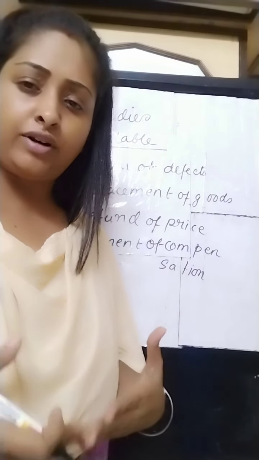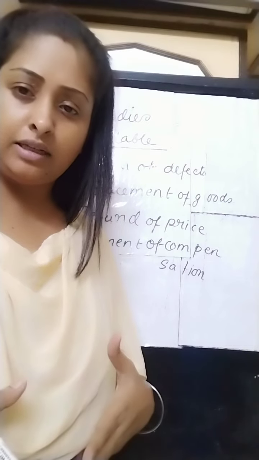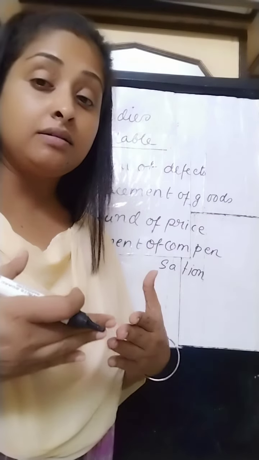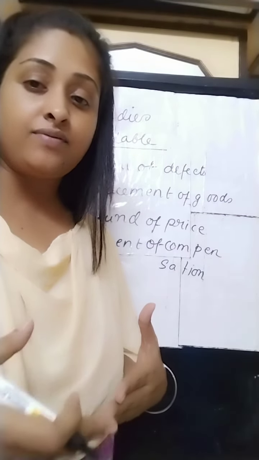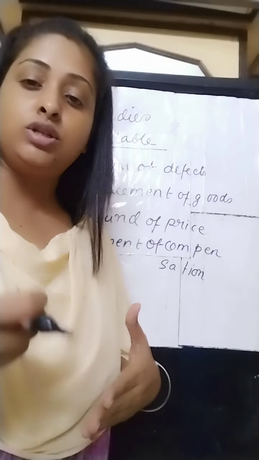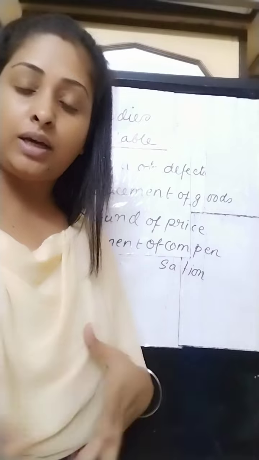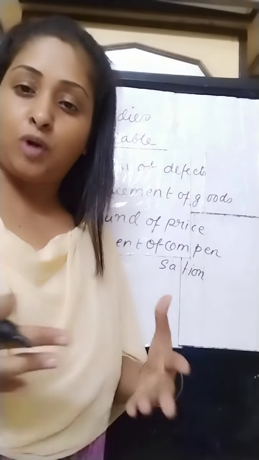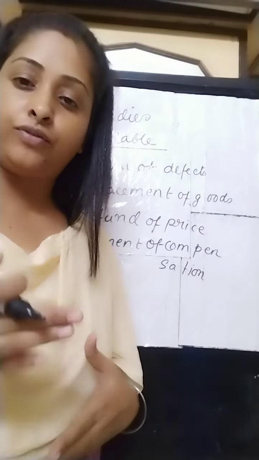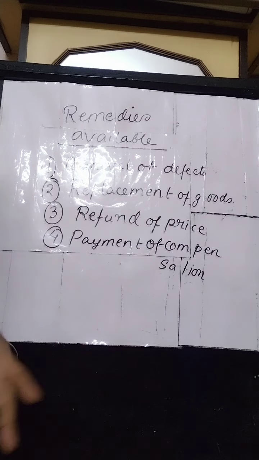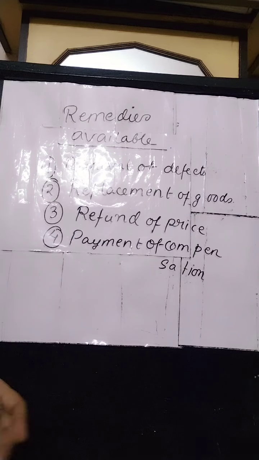The consumer deserves compensation, and it is the duty of the producer to compensate for the loss according to the Consumer Protection Act. Proper authorities should also take care to see whether the consumers concerned are compensated for their loss or not.